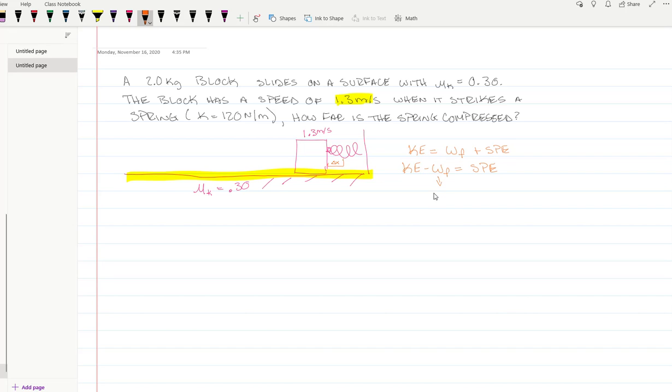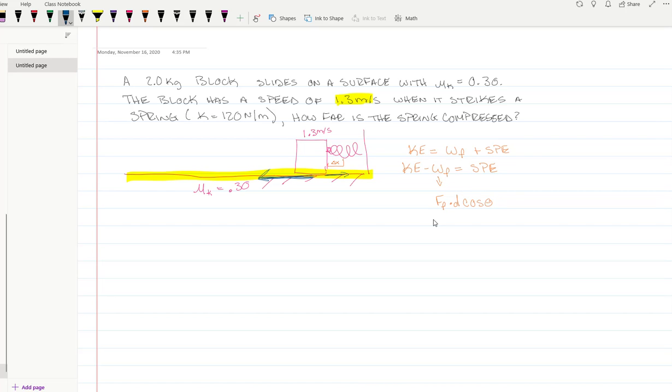So remember that the work from friction is going to be the force due to friction times the displacement times the cosine of the angle between. So the friction force is going to be coming out, let's make that a darker color, it's going to be coming out this way. It's opposing the direction of the motion. And my displacement is this way. So that's 180 degrees.